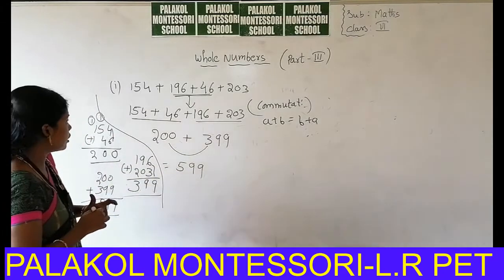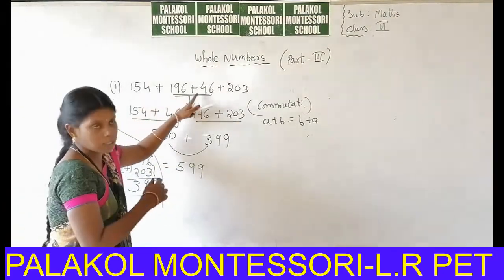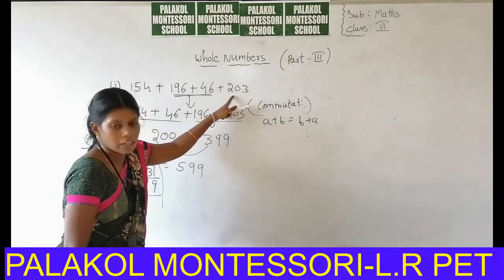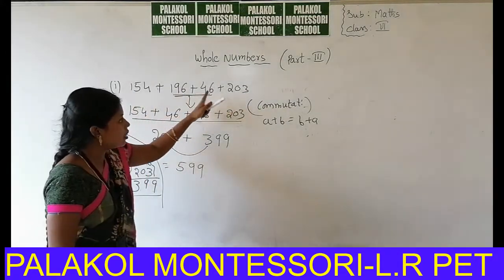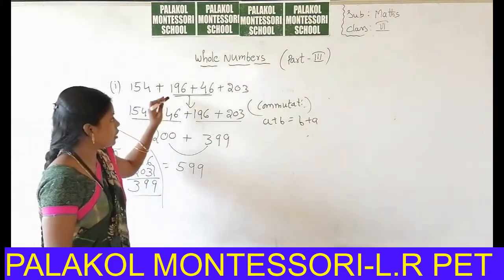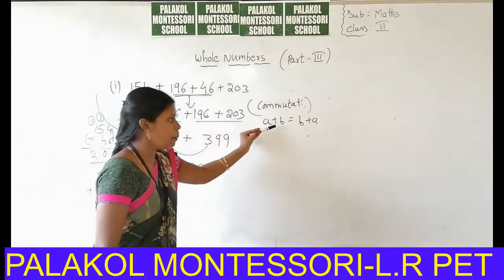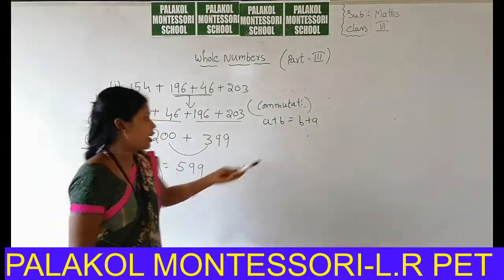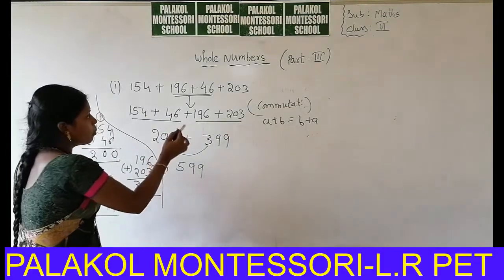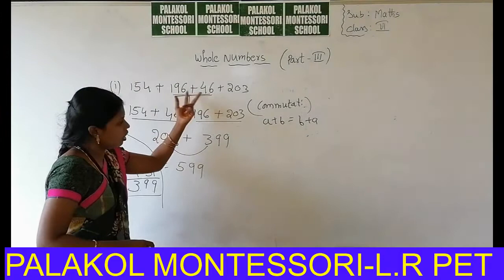Again I can explain. So, listen students. 154 plus 196 plus 46 plus 203. We can add these numbers by using the properties. In this problem, I use the commutative property. What is the commutative property? A plus B is equal to B plus A. I use it for these two numbers, so we can change the order.